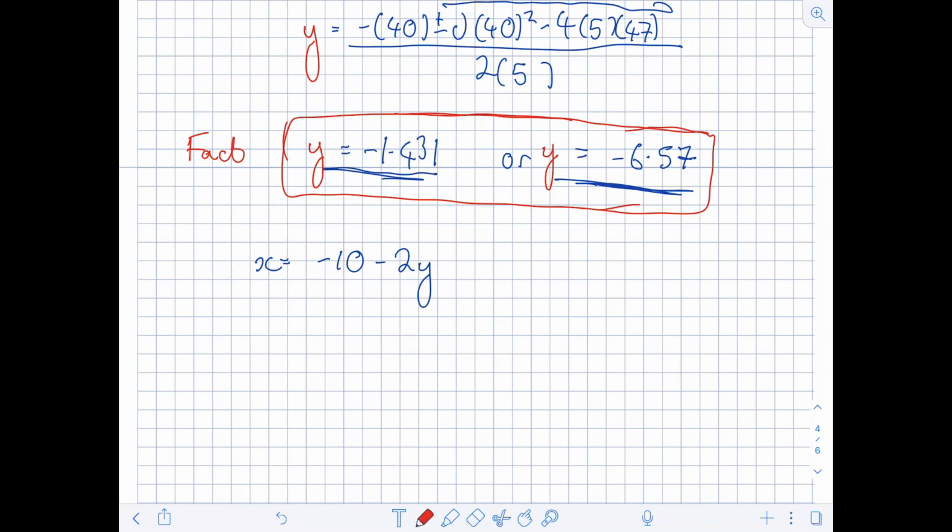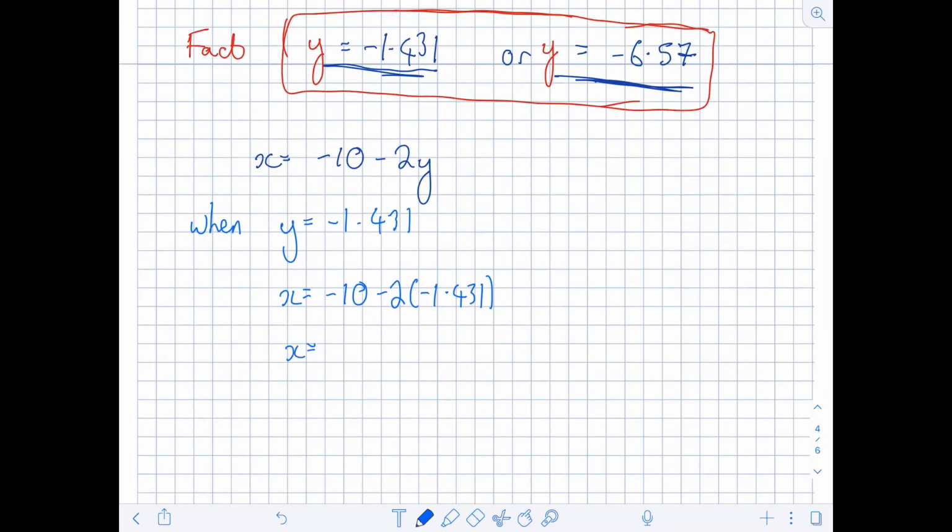So I now know that x is equal to minus 10 minus 2y. But I also know that y is now equal to this thing here and this thing here. So when y equals minus 1.431, x will equal minus 10 minus 2 times minus 1.431.